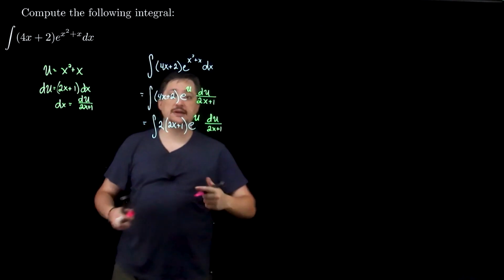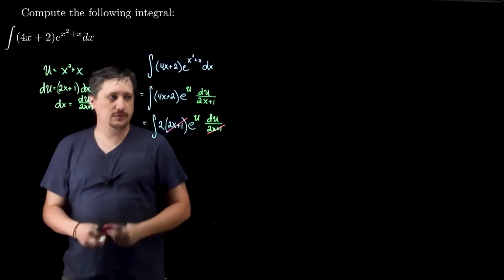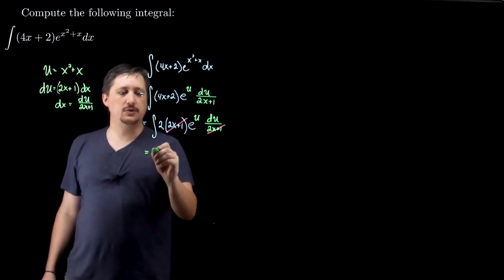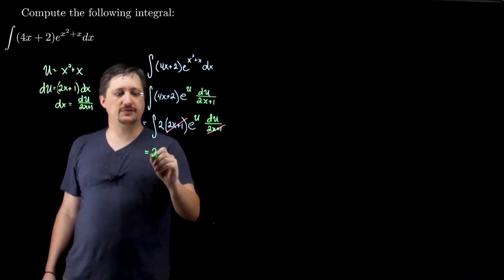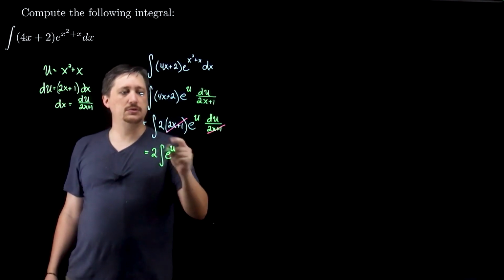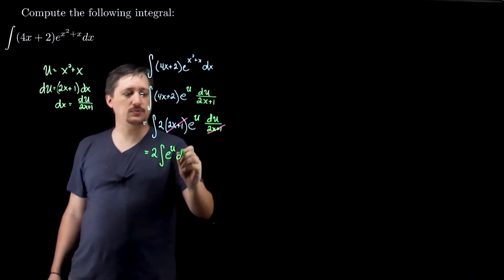And indeed, now I have 2x plus 1 in the bottom and the top, so those cancel. And now I can take the 2 out because it's a constant against the whole thing. So I'm going to get 2 times the integral of e to the u du.